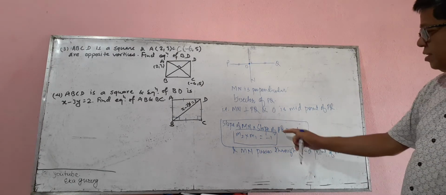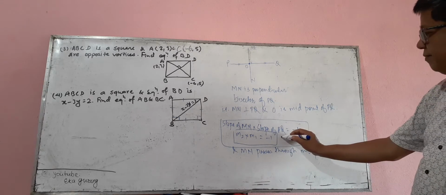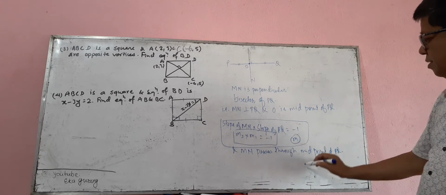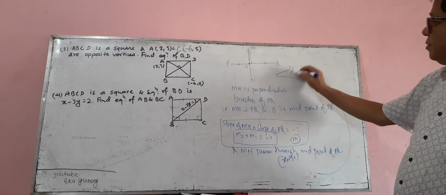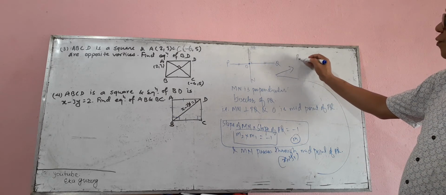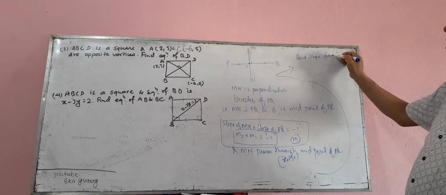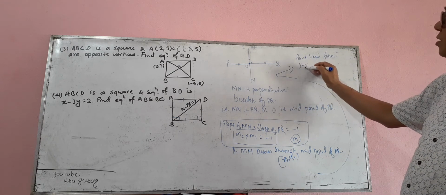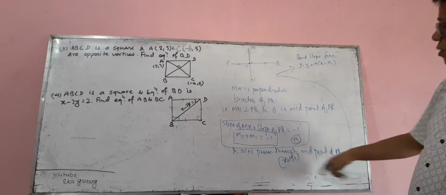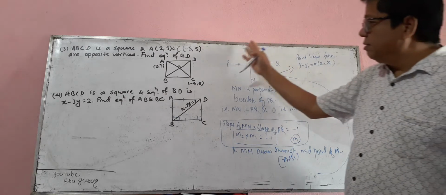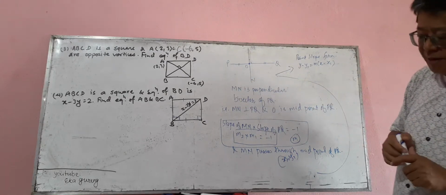After finding the slope and the point x1, y1, then use the point slope form. That point slope form is y minus y1 equals m times x minus x1. So this is the procedure to find the equation of a perpendicular bisector.